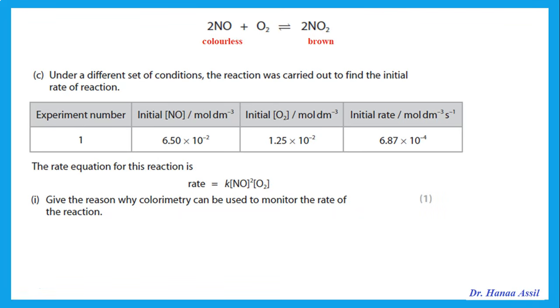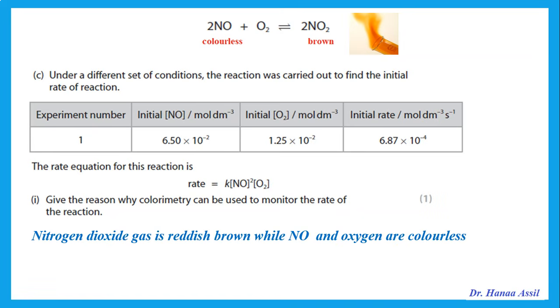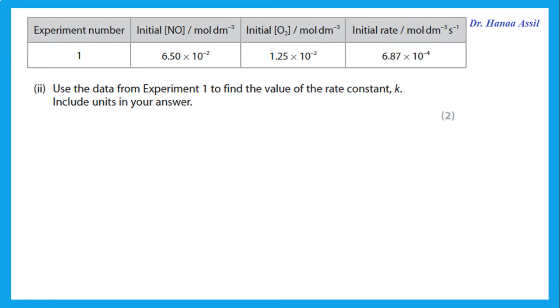You should know that NO is a colorless gas, NO2 is a brown gas. So we're having differences in color, and I can use that to determine the rate of the reaction. So this is because the nitrogen dioxide gas is reddish-brown, while both reactants are colorless. So I can use that to measure the rate.